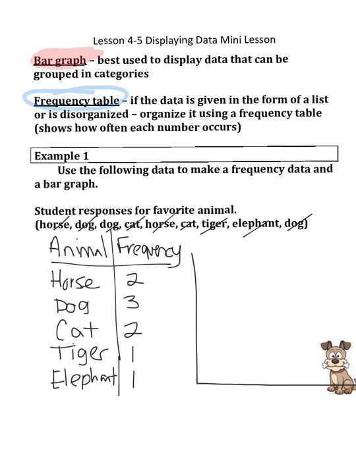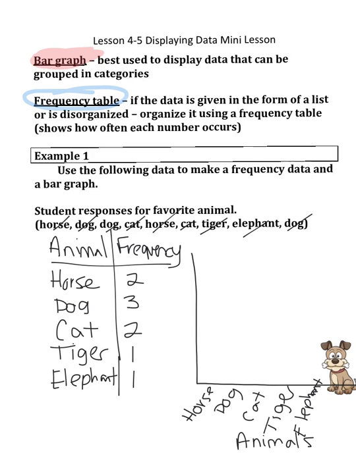So down at the bottom, I might go a little bit diagonal here because I know I need to fit in 5 different names. So we have horse, dog, cat, tiger, and elephant. And then the title of these, of course, would be the animals.